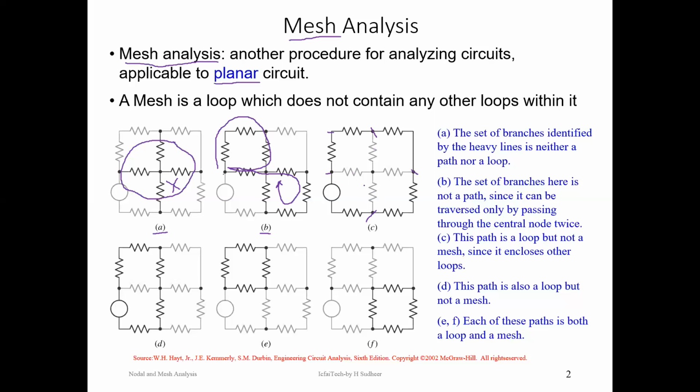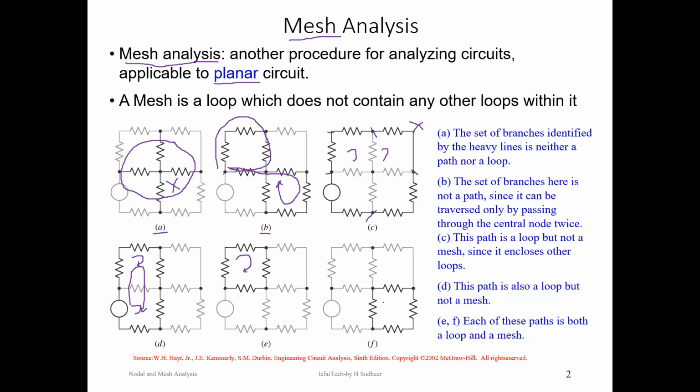You can apply KVL for this loop, but it is not a mesh because it consists of inner loops. Similarly, if you take a loop over here as shown with the highlighted lines, it is also a loop, but it is not a mesh because it does contain inner loops. So let us see whether this is a mesh or not. Yes, it is a mesh. It is a loop which does not have any inner loops.